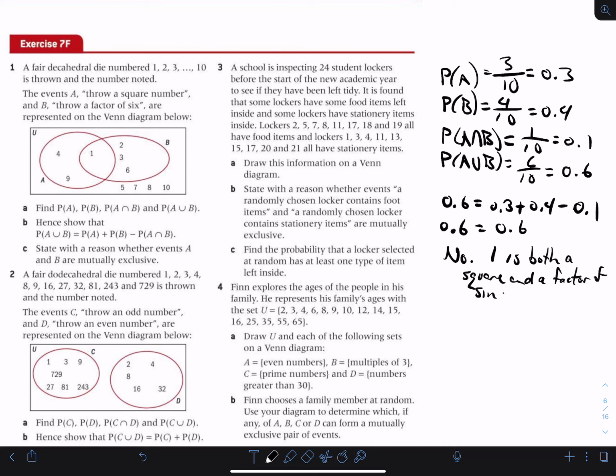Or a faster way of writing it, more mathematically, is saying the probability of A intersect B is not equal to 0. In other words, that this middle part is not empty. There you go.